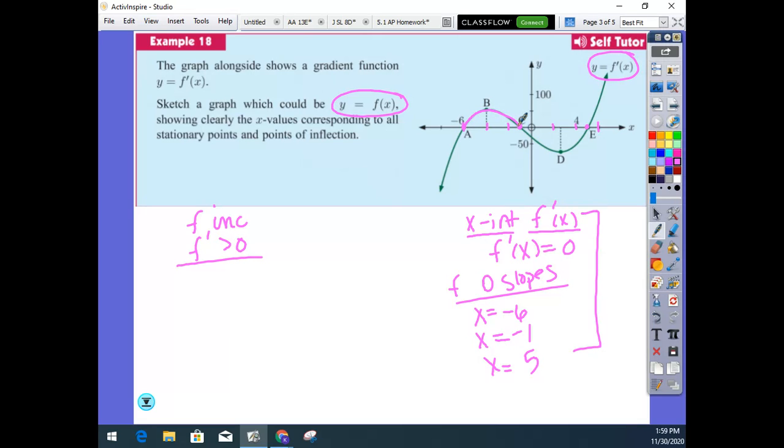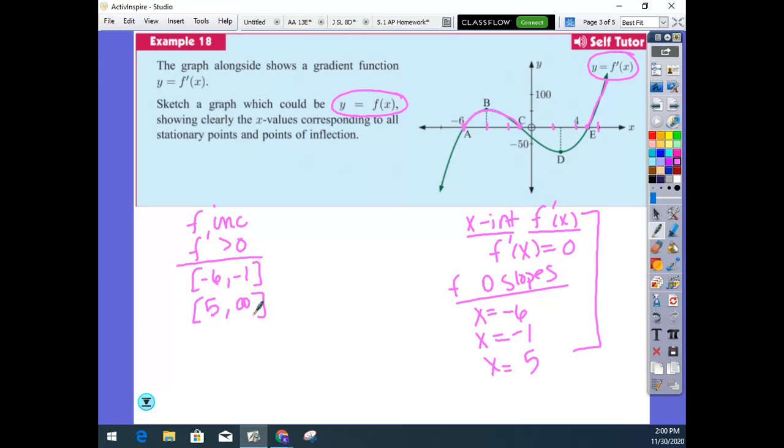So my intervals are from -6 to -1. Where else is it increasing? f prime is positive from 5 to infinity.